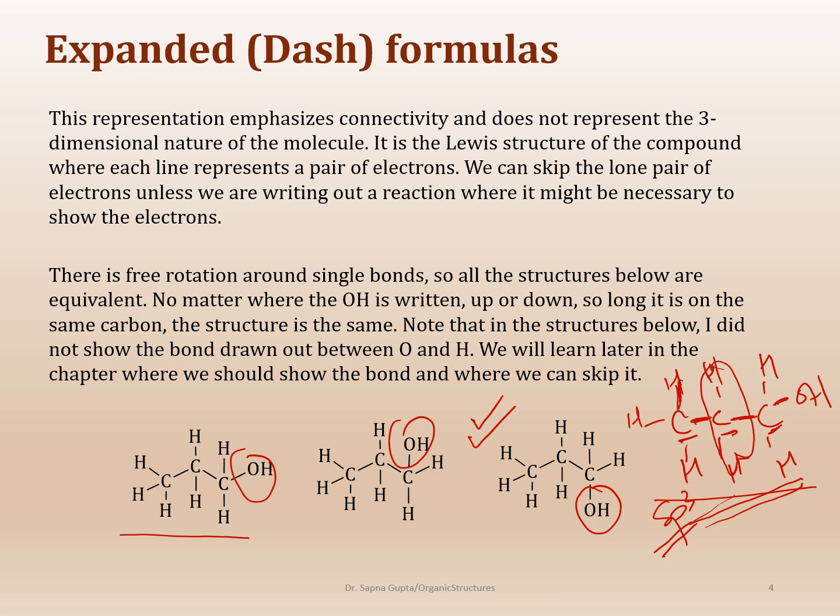So here also, if I didn't have it here, I can have it here. It doesn't matter. It's the same thing. So what I'm trying to say is, just because it's written on the right hand side or on the top side, it doesn't matter. They are still the same compounds. So you need to understand that if you have a single bond, you will have rotation, and all of these 3 compounds are exactly the same.